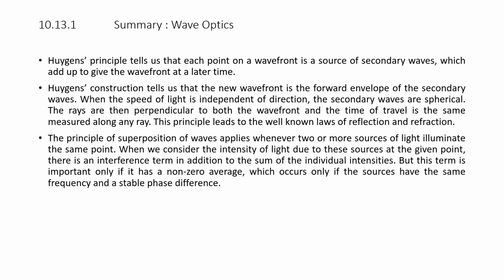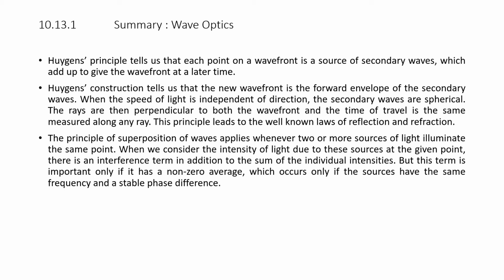The principle of superposition of waves applies whenever two or more sources of light illuminate the same point. Hence, we can add the sources in amplitude and direction. When we consider the intensity of light due to these sources at a given point, there is an interference term in addition to the sum of individual intensities.